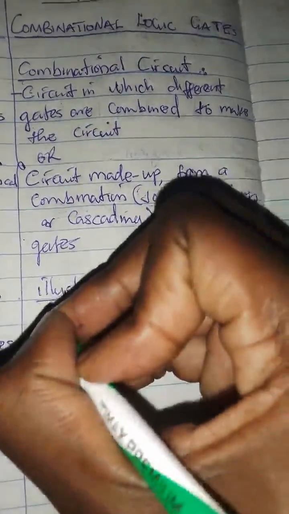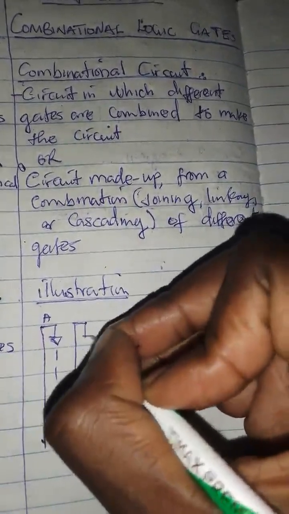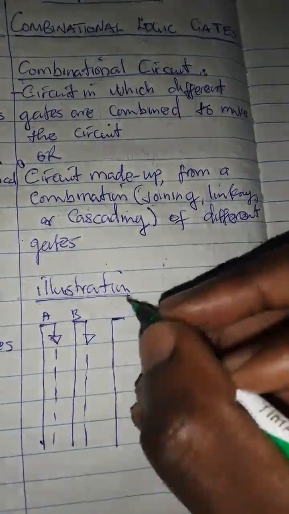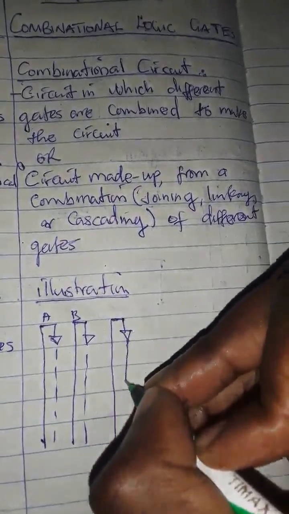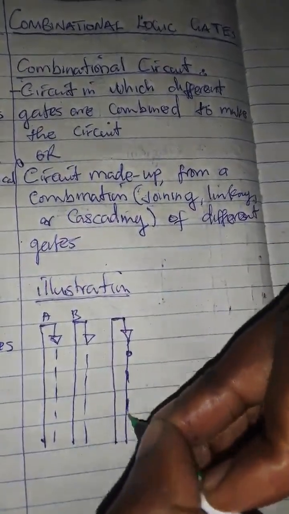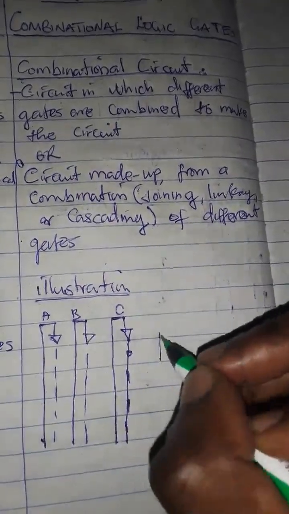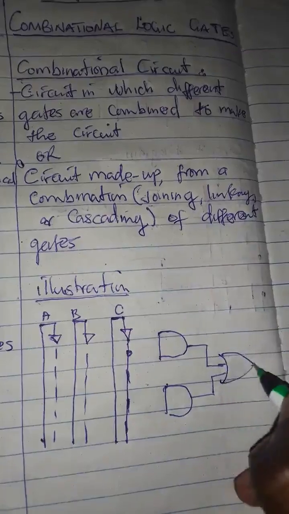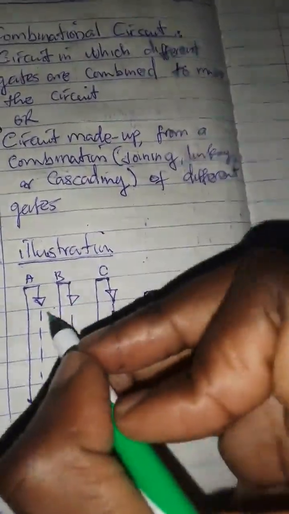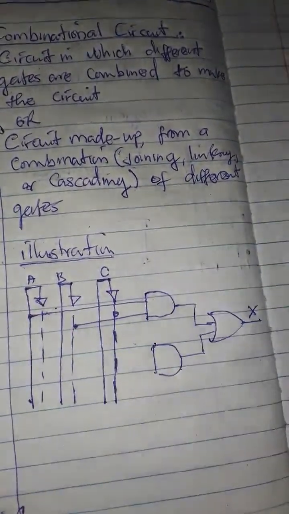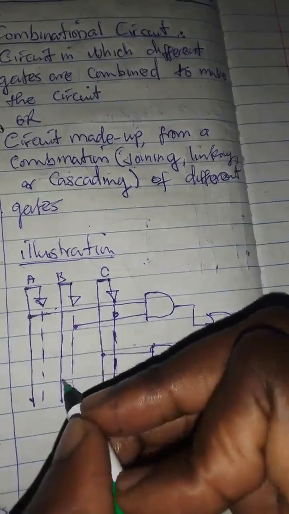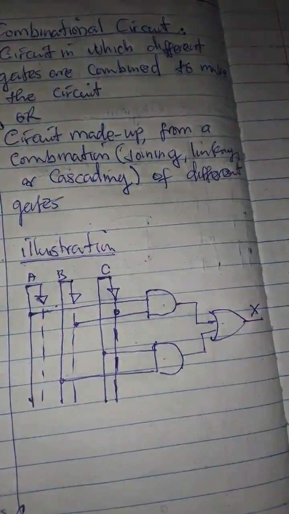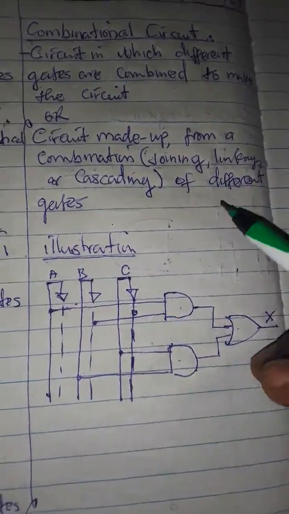Let's say you have signal A, signal B, and signal C. You have a simple AND gate here, another simple AND gate, and they're all running into an OR gate, and the output we call X. Let's say A is running into the circuit, and B inverted, and C. Since you have one logic gate, another logic gate, and another, all interconnected, this system is called a combinational logic circuit.